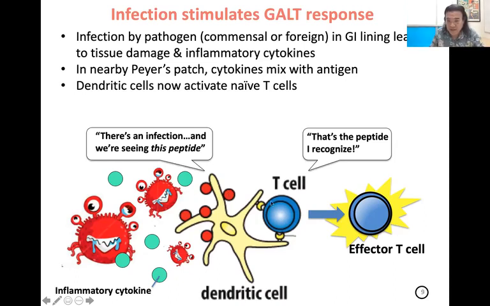And so if this T cell recognizes the red dot, I don't know why the dot became yellow here, but it's the red dot, the peptide that's coming from the pathogen. The T cell says, hey, that's the peptide that I recognize. And what does the dendritic cell tell it? There is an infection going on, and this is one of the many peptides that we're seeing as part of this infection. So therefore the T cell says, all right, so it activates and initiates your adaptive immune response, okay?